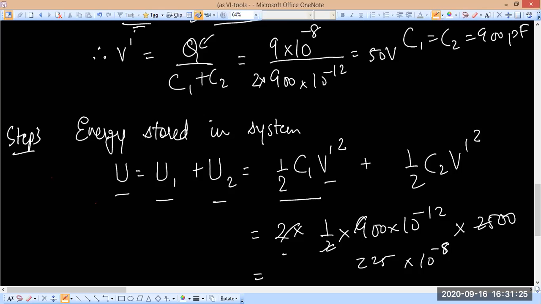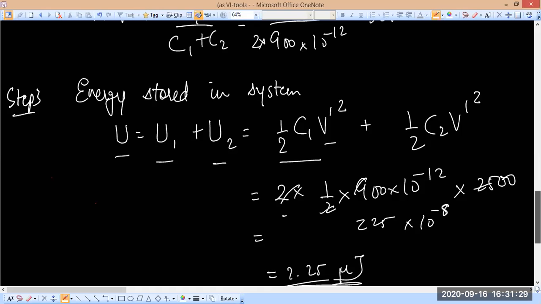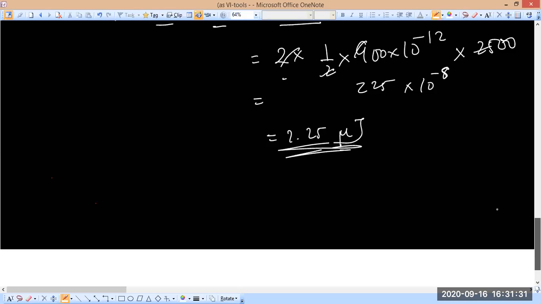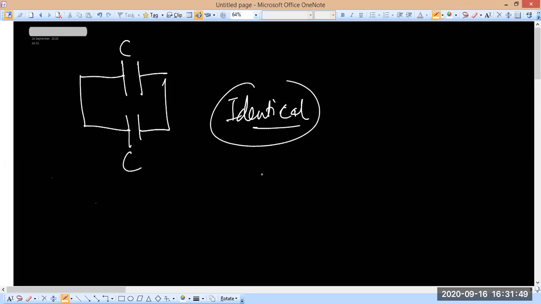Now, if you want to do all of this in short, in this particular question, then you can always say that, well, we have C and we have another C. Both are identical, isn't it? That is, their capacitance is equal. If capacitance is equal, then they will distribute half of the charge each, because both are identical.